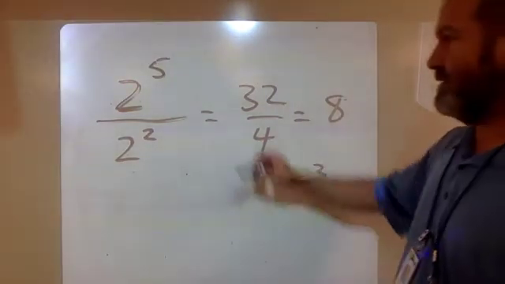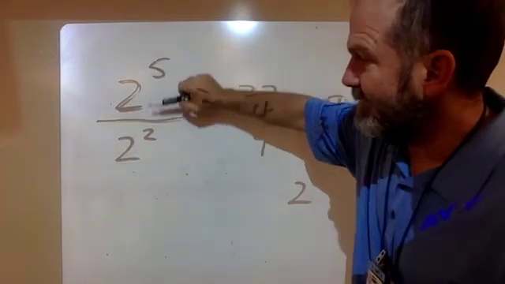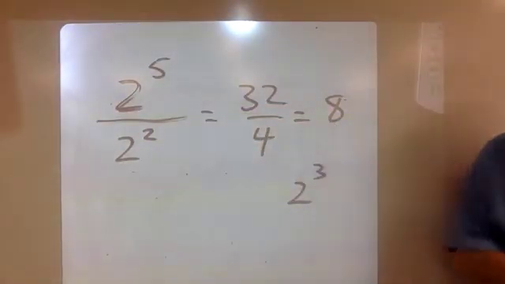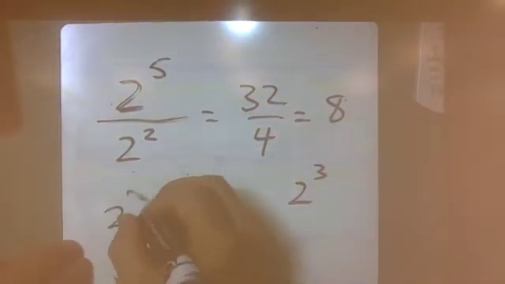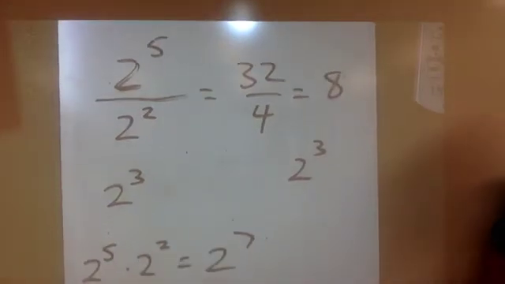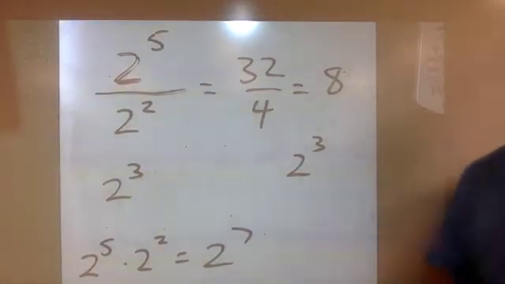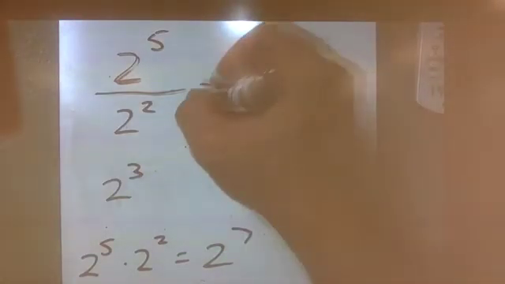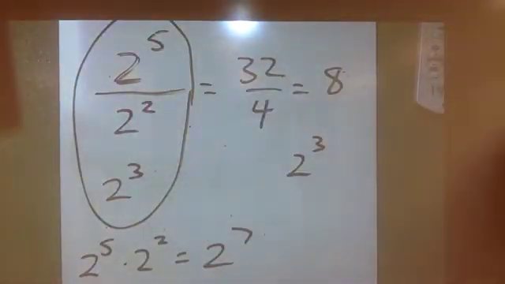We could have gotten 2 to the third right away by just doing 5 minus 2. So if it's 2 to the fifth times 2 squared, that's 2 to the seventh. When you multiply, you add. When you divide, you subtract.